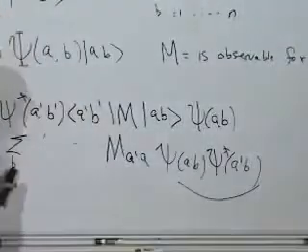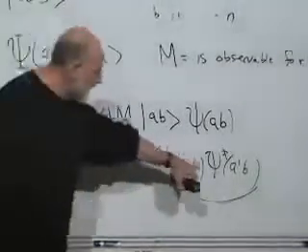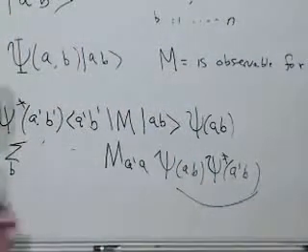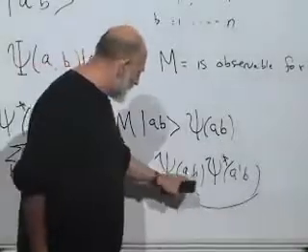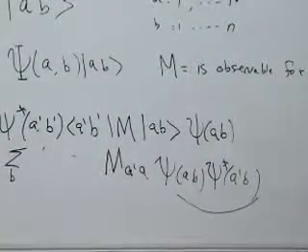That expression no longer involves B because B has been summed over. Once B is summed over, it doesn't depend on B. Let's give this a name. What shall I call this? Psi of AB and psi star of A prime B. It's a function only of A and A prime.